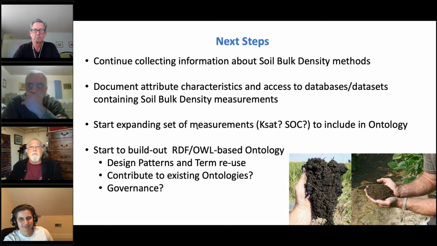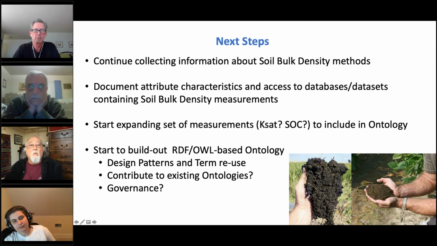The next steps, I think, on soil bulk density: Dave has gone pretty far down the road in collating a lot of that stuff, and he's got a good framework. We then need to translate that from spreadsheets and documents into an ontology.